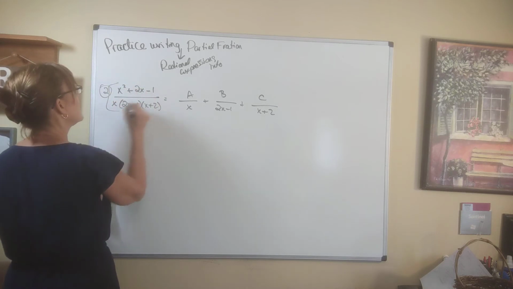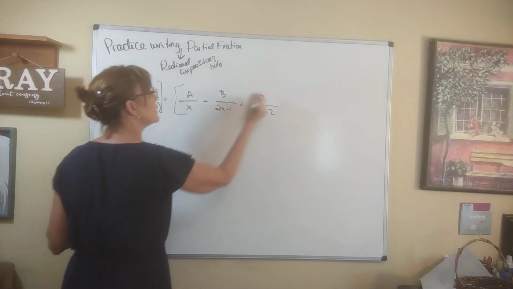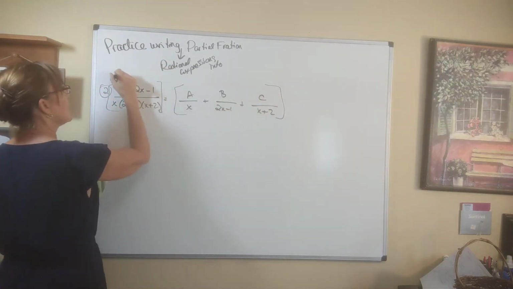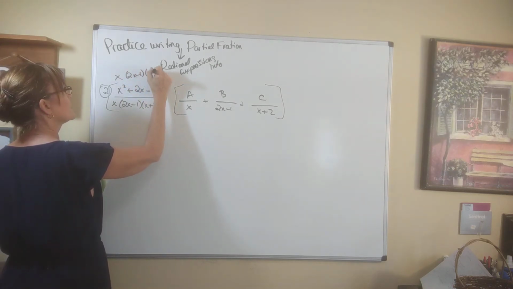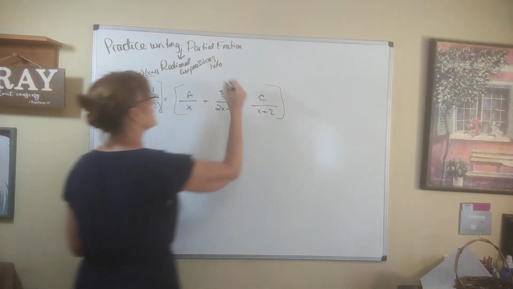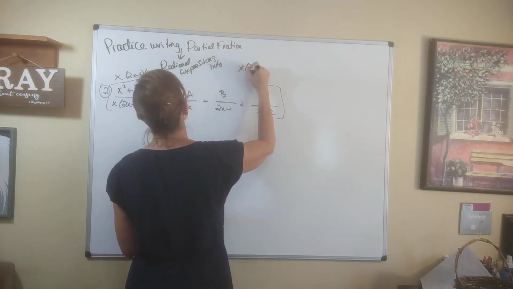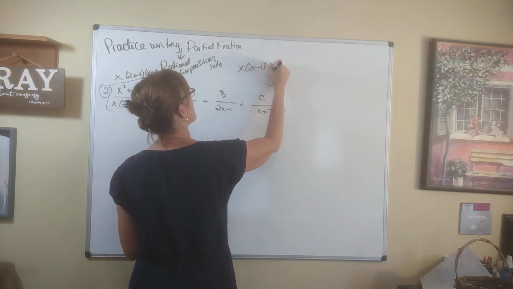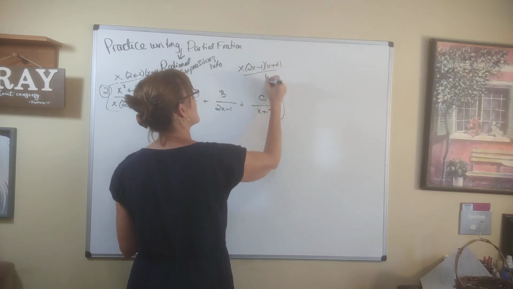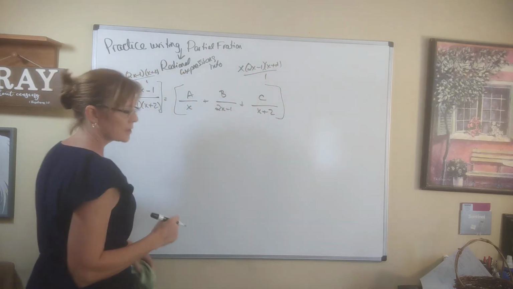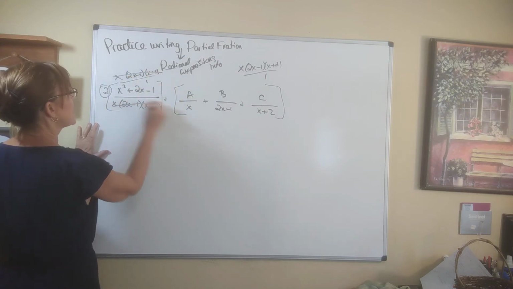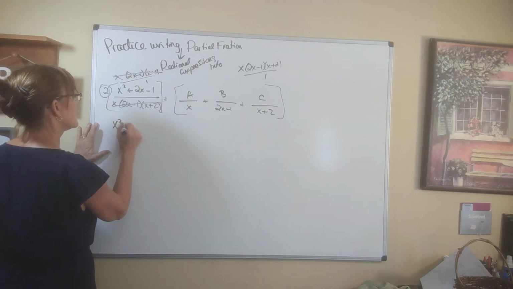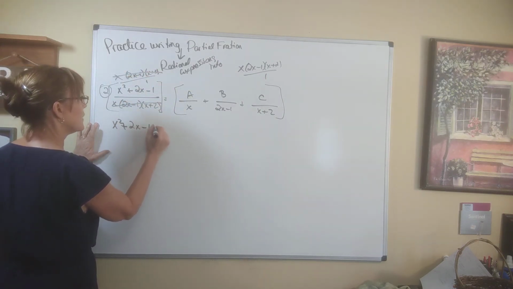I'm going to multiply both sides by x times (2x minus 1) times (x plus 2). Over 1. And over here, x, 2x minus 1, x plus 2. It will distribute to each one of those terms. So what I have left on the left, these cancel. I'm just left with x squared plus 2x minus 1.